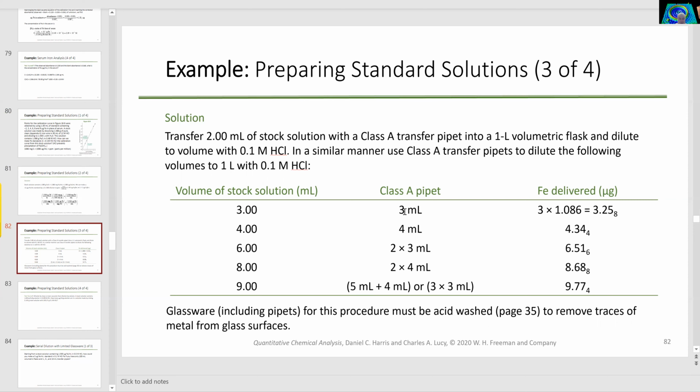This is actually going to create 1 liter of 3 parts per million, 3.258, 1 liter of 4.344, etc. So this will create an entire liter of these new concentrations.